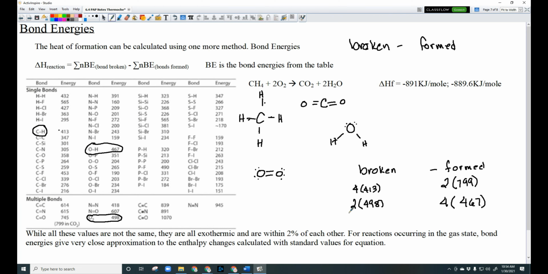Okay, so now I need to add these up. It's the summation of these, and it's broken minus formed. So 4 times 413 plus 2 times 498 gives 2648.